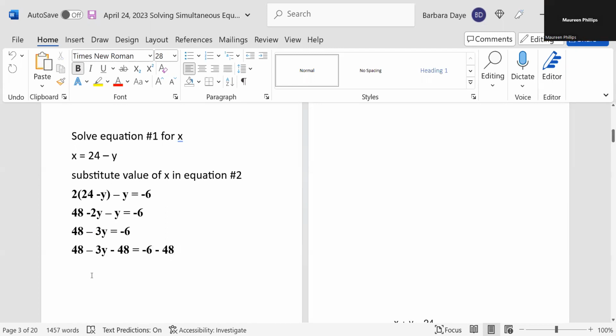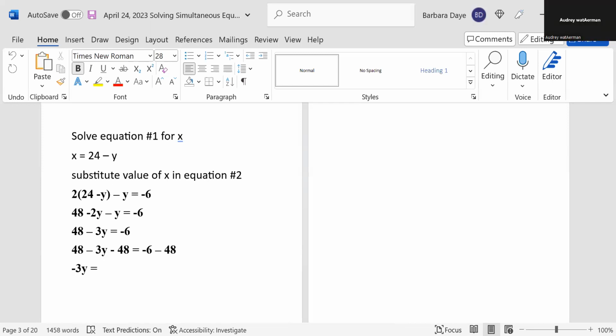On the left side, what do we have left, Mercedes? Minus 3y, right? So minus 3y, and what's on the left side, Mercedes? Zero. A minus 6 and a minus 48 equals what?